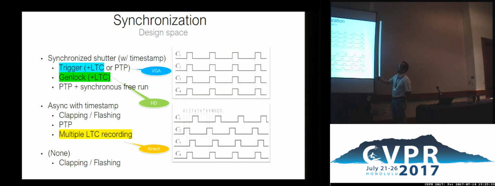And the difference between the synchronous shutter and asynchronous with timestamp is that if we say synchronous shutter, all the cameras start exposure at the same time instance, right? If we say async with timestamp, the cameras start capturing at a random timing, but we know the exact timing in the global timestamp, that this happened at frame 0 and this happened at frame 1 or something.